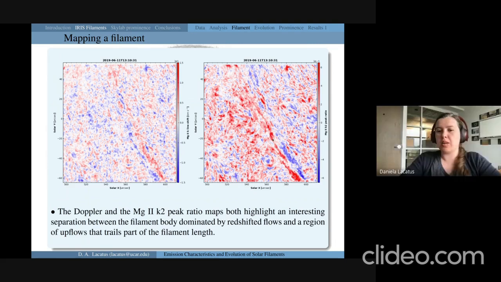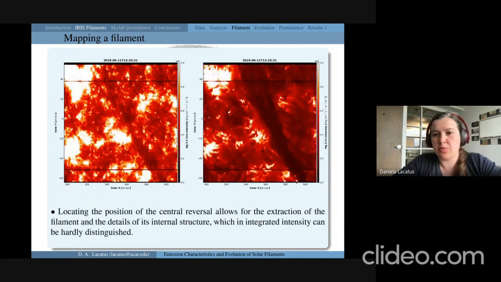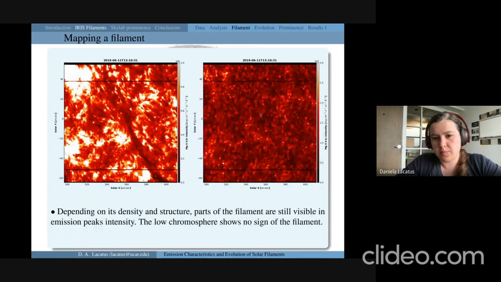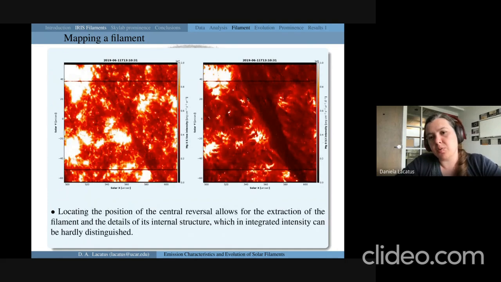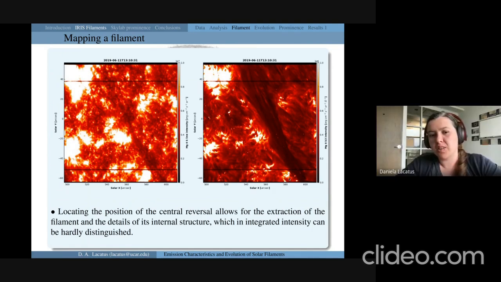No, the red is just under the... let me go back to this one. So the red is happening here along the lower part of the filament, and the red shift is over the filament itself. I should have had a contour or something over it.